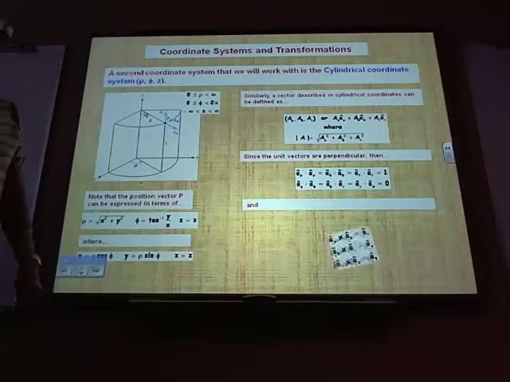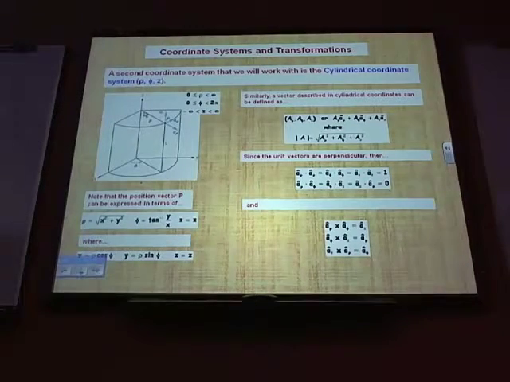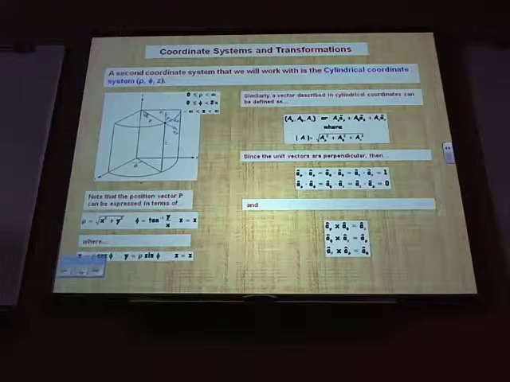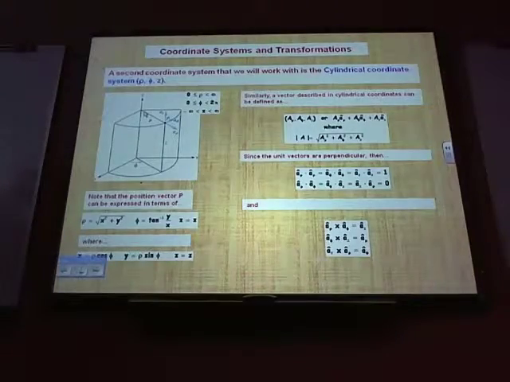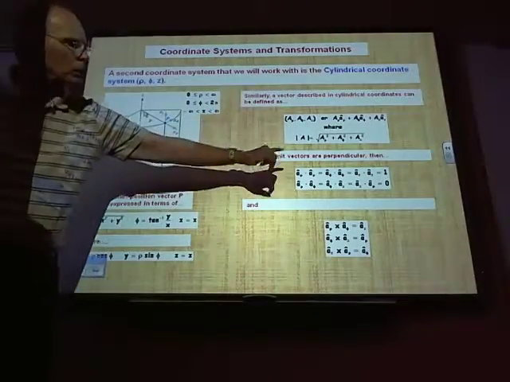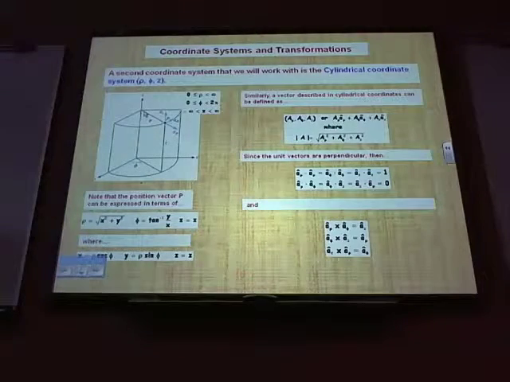And since these are all perpendicular, now remember last time we talked about ax, ay, and az, right? And we talked about unit vectors, and you could draw a little circle of ax, ay, and az, and to determine whether or not you're going in the right direction, you just follow that circle. Well, when you're working with dot products, remember what a dot product is? It's a reflection of one vector on another.